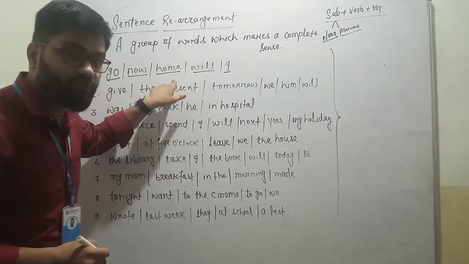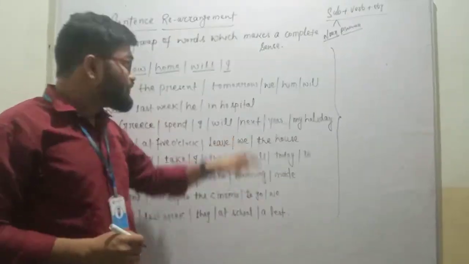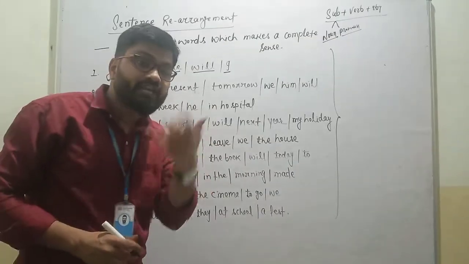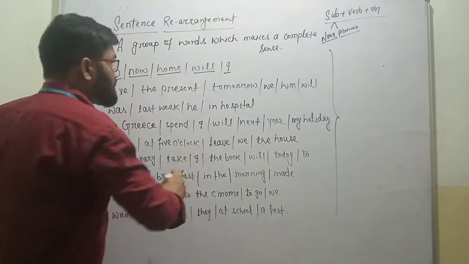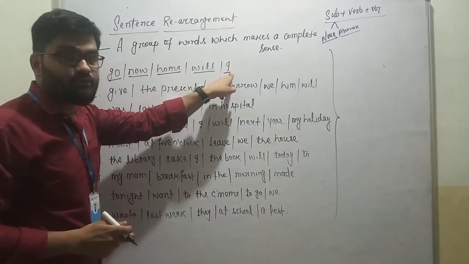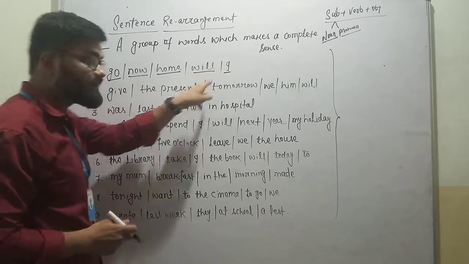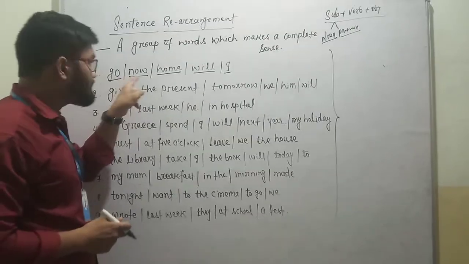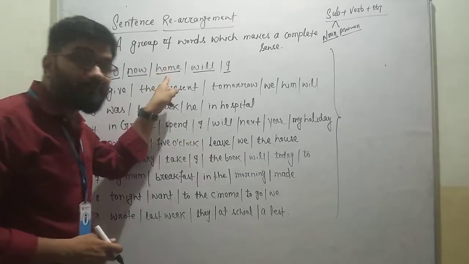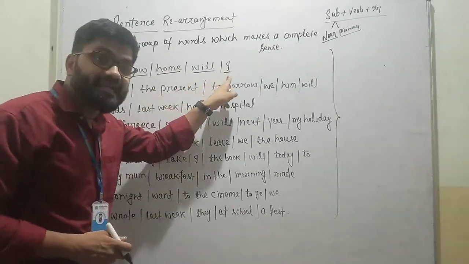These are the five words, and as I told you, we should recognize the nouns or pronouns first, so that we can choose the subject. So here home is the noun and I is the pronoun. Rest, will is the helping verb, go is the action verb, now is an adverb.